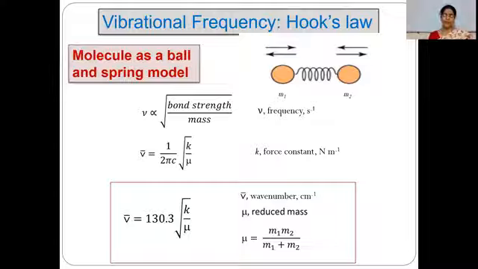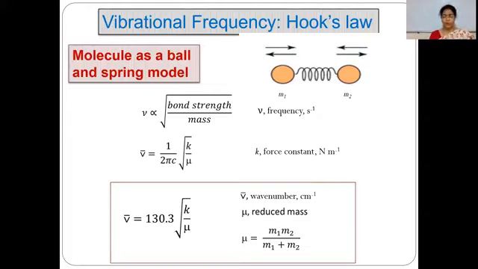When we apply energy, the amplitude of a particular vibration can be increased. If we want to calculate the energy or frequency for this vibration, Hooke's law is used.